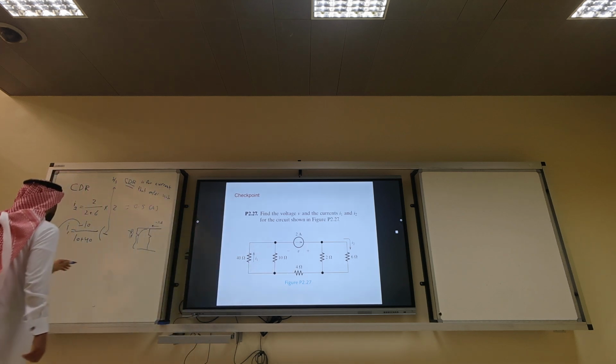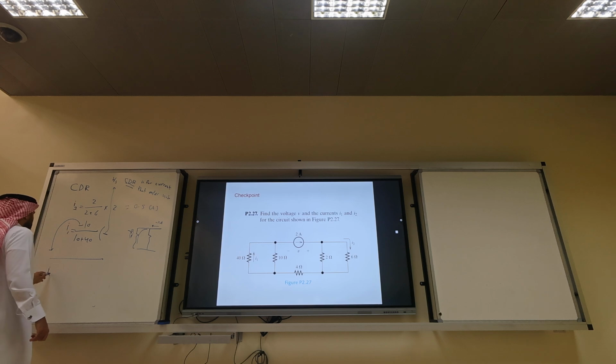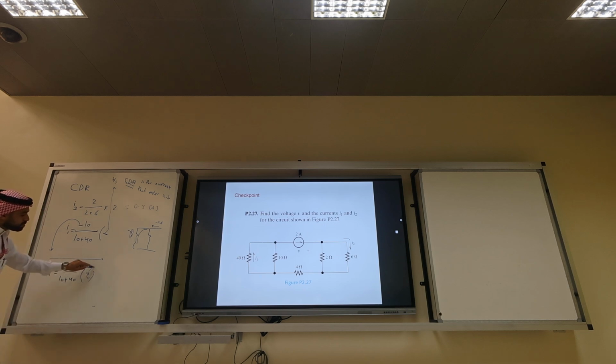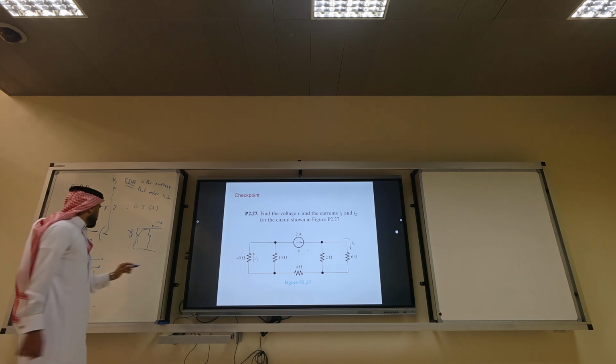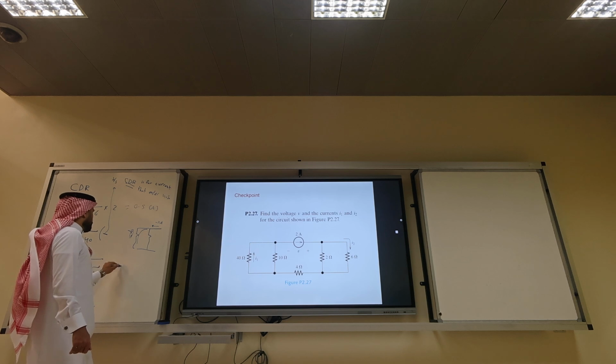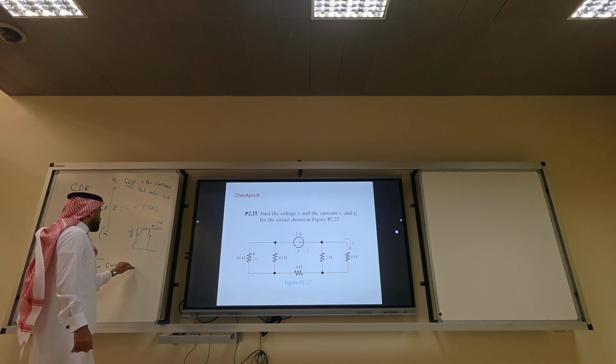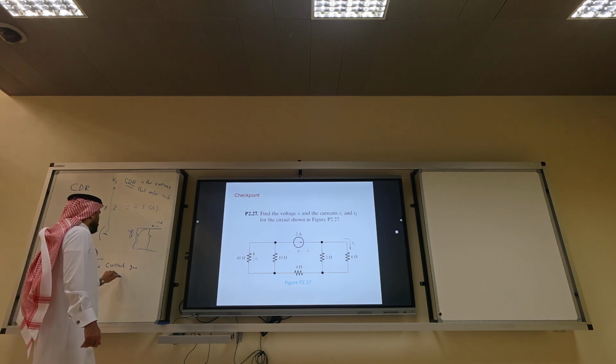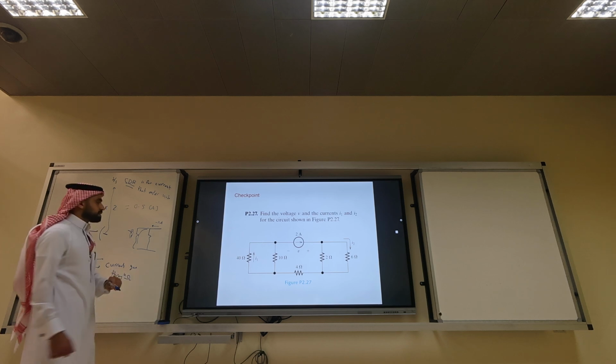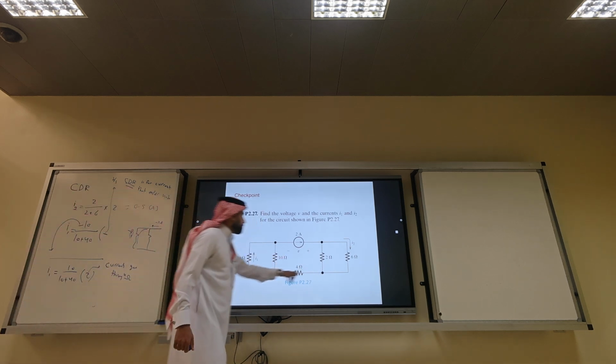So another approach is I1 equals 10 over 10 plus 40 times 2, where this 2 is the current that goes through the 4 ohm resistor from right to left.